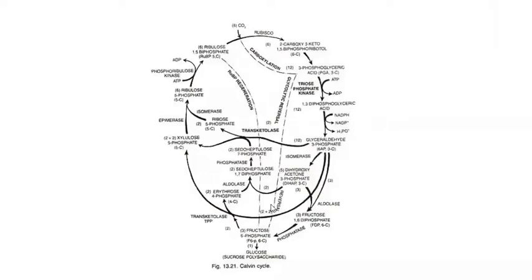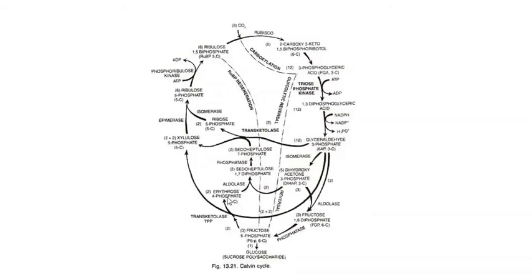So 6 plus 3, there is a formation of a 9 carbon compound, and this 9 carbon compound immediately breaks into two compounds. The first compound is called xylulose 5 phosphate, and the second compound is called erythrose 4 phosphate.